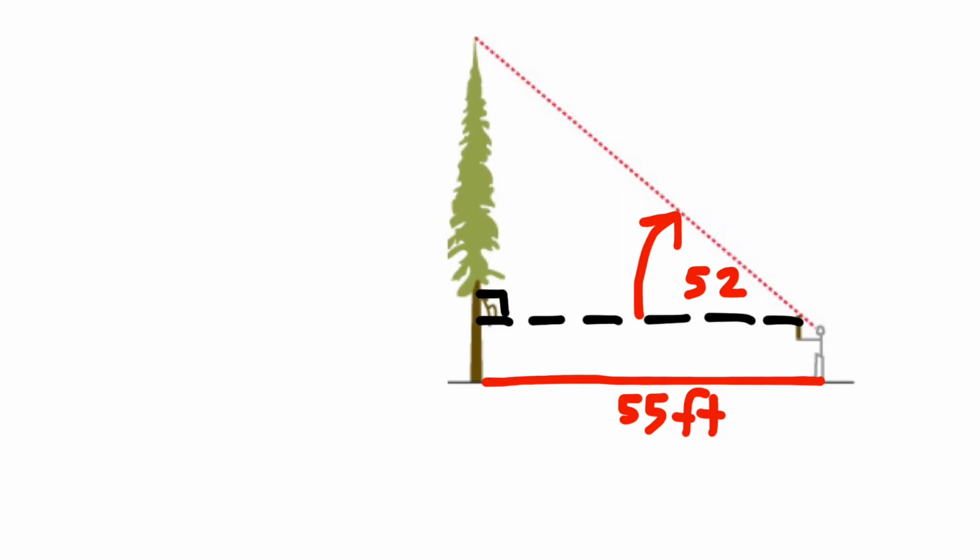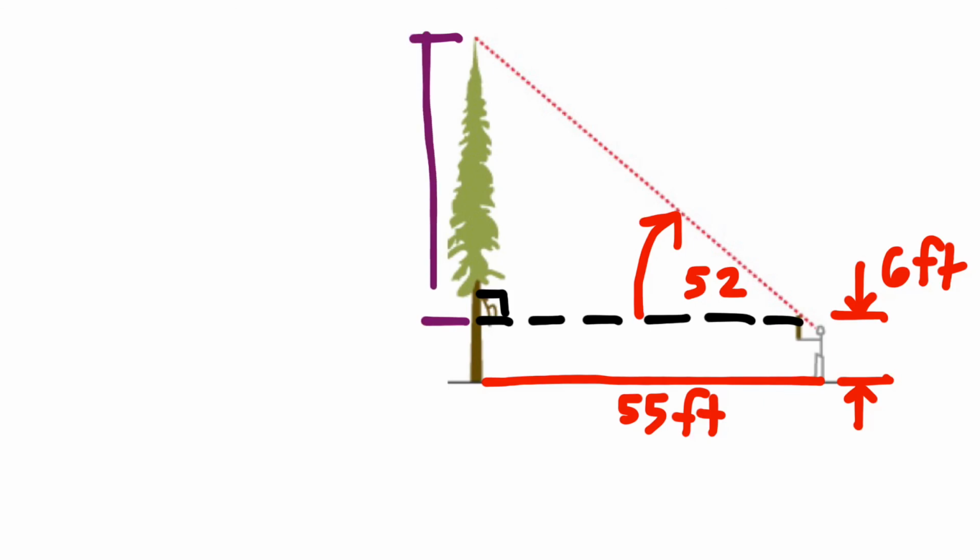We want to know how tall the tree is. And the other thing we're told is that this person here is 6 feet tall. So I'm going to find out what this dimension is here, and add it on to the 6 feet, and I should have the entire height of the tree. On my 52 degree angle, H is my opposite side, and this 55 is my adjacent side.